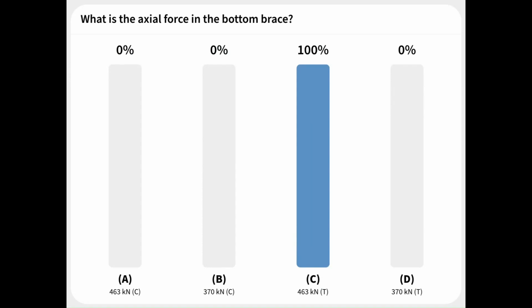So we've got a 460 something kilonewton force in compression. We've got 370 kilonewtons in compression. We've got 463 kilonewtons in tension, 370 kilonewtons also in tension. The same couple numbers, tension or compression, so you should be able, at least from those answers available, to pick something that makes sense.